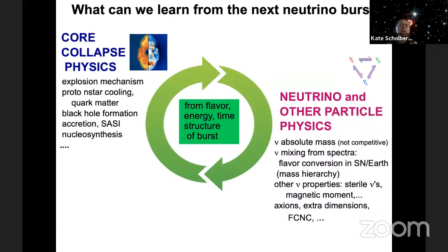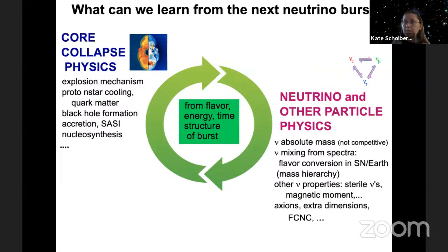Okay, and we heard a gorgeous talk from Professor Dige in the last hours about what we can learn, and that's both the core collapse physics and the neutrino physics. And these are kind of a virtuous circle, in that the more you know about the core collapse physics and the better your observations of the supernova, the better you can constrain neutrino physics.